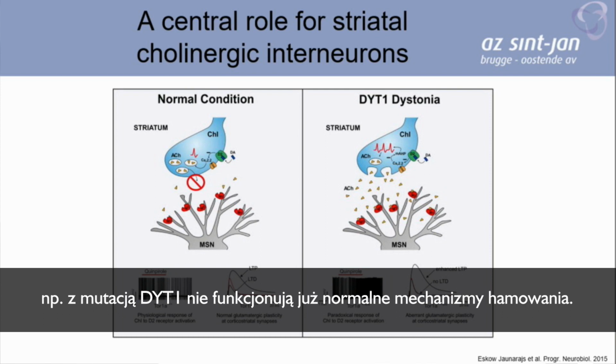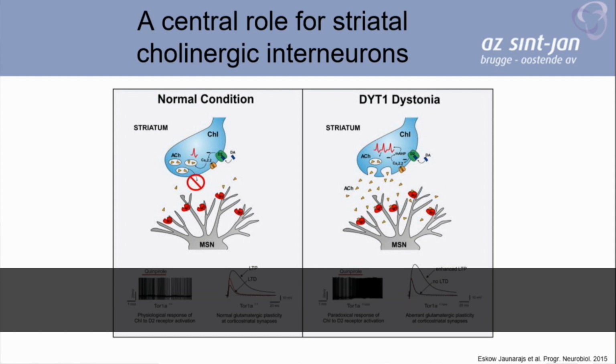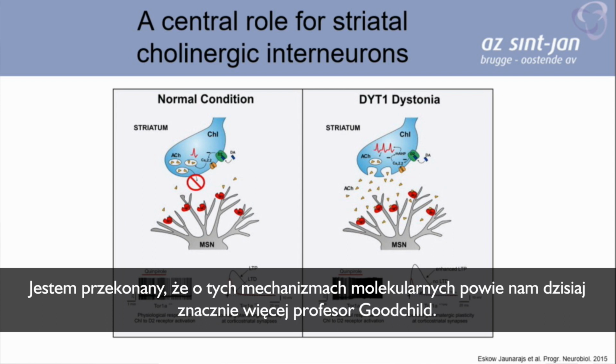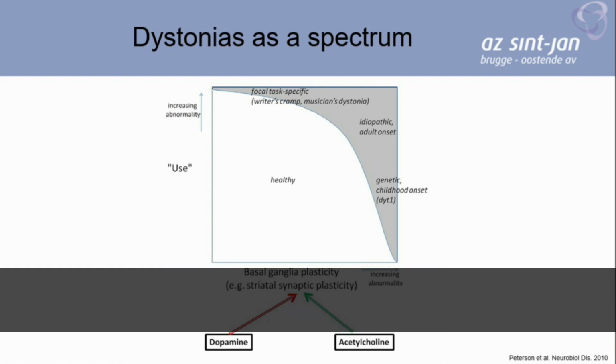There's too much acetylcholine that is secreted, and these neurons are overactive, which can give rise then to overactivity in the muscles and the dystonia. But about these molecular mechanisms, I'm certain that Professor Goodchild will tell us a lot more later on today.